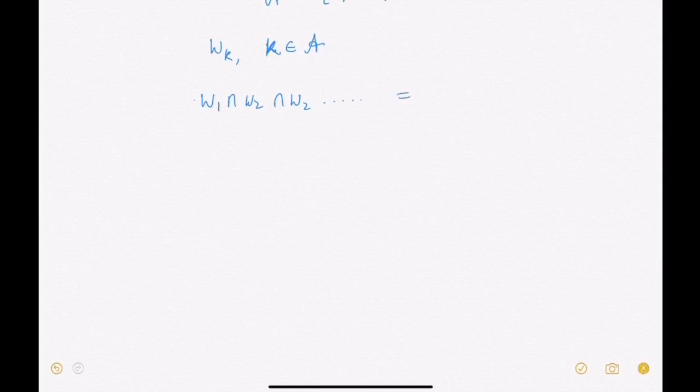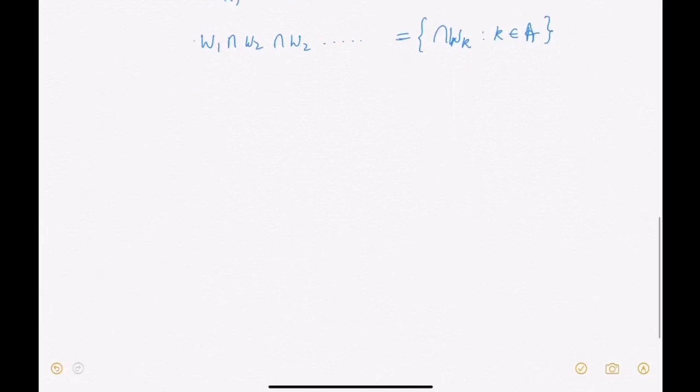So the intersection of all these subspaces we may represent as intersection of Wk, where k belongs to the set of indices A. So this is the set that represents the intersection of a number of subspaces. So our next theorem is, we may say this theorem is the generalization of the theorem that we have proved earlier.